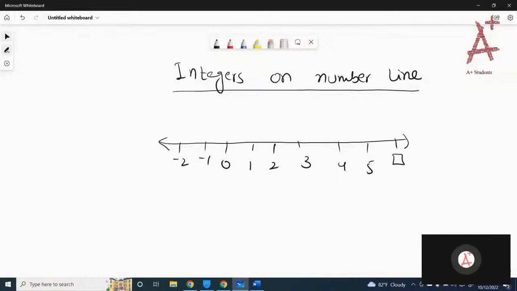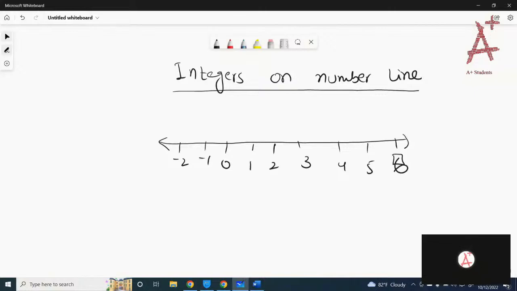So that means the next one is 5 plus 1, which is 6. So the missing number is 6.